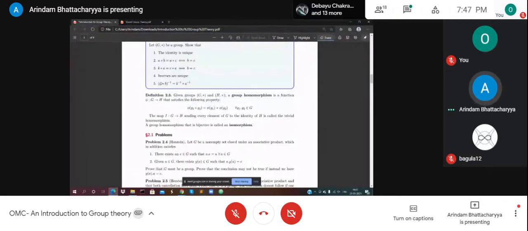Give me a proof of 5. The inverse of A star B is the same as B inverse star A inverse. I think multiplying by A star B will do the trick.